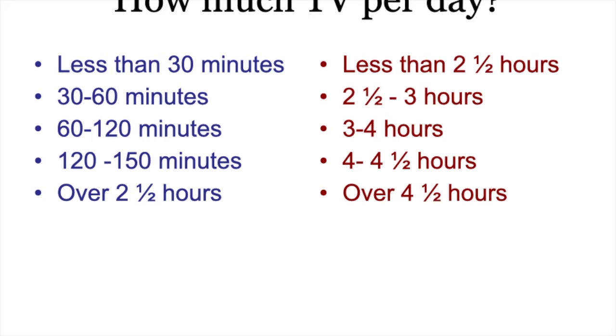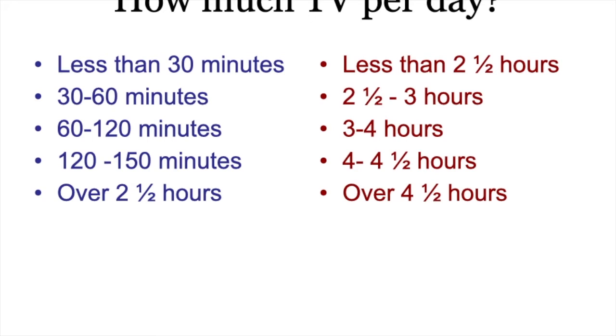But what happens is the higher scale will push people to report more TV watching. They did this as an actual study, and they basically split a random sample into two halves that each got one version of this question. And they looked at how many people reported watching over 2.5 hours of television.